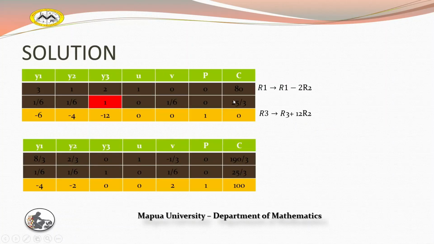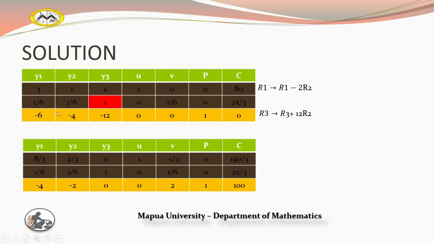Our next objective is to convert the other values in the column of y3 into 0. Meaning, the 2 has to be converted into 0, and the negative 12 also has to be converted into 0 by applying elementary row operations.